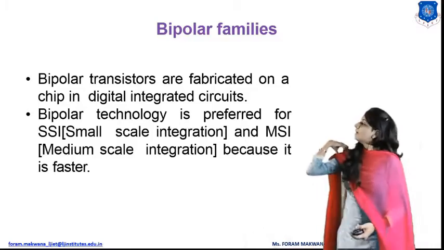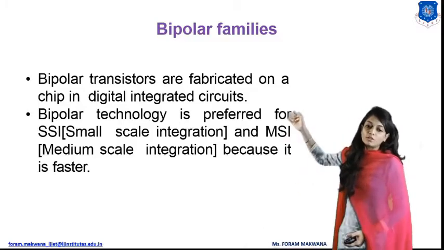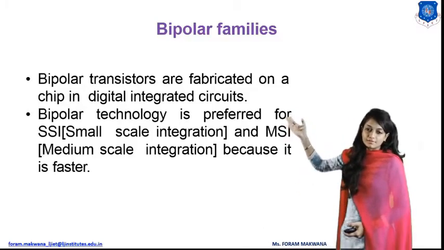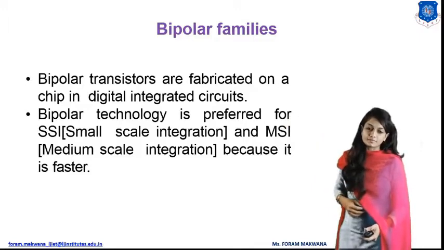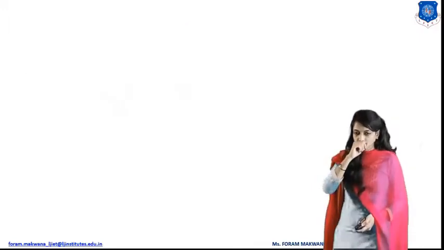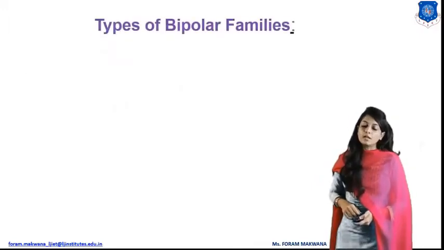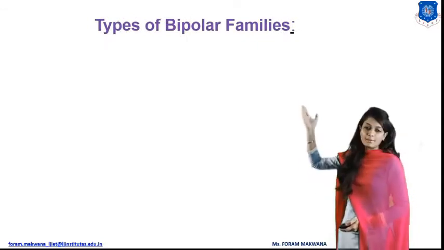I can also prefer it for medium scale integration, because it is faster, right? Now, what are the types of bipolar families?